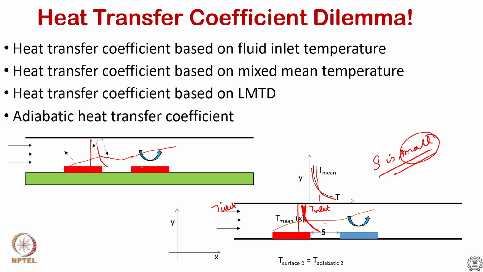So this is the situation we encounter in electronics typically, and how can we define a heat transfer even with LMTD? So mean temperature has no meaning because there is a large gradient in the profile, and mean temperature means well mixed temperature. So what we do is what is called the adiabatic heat transfer coefficient.